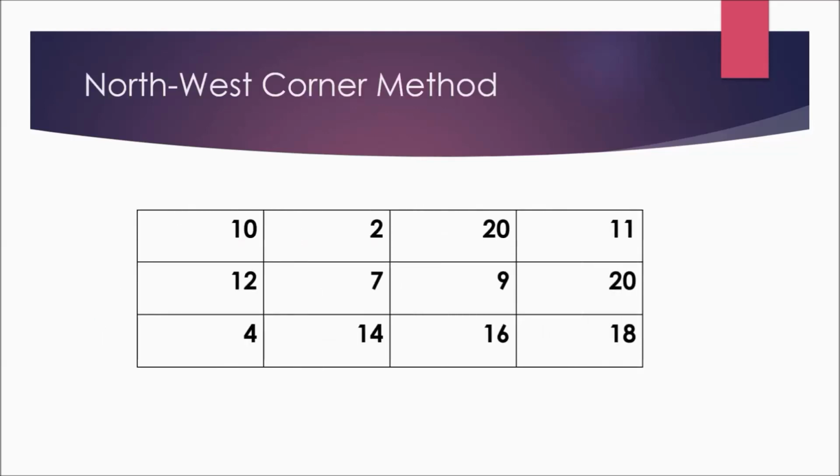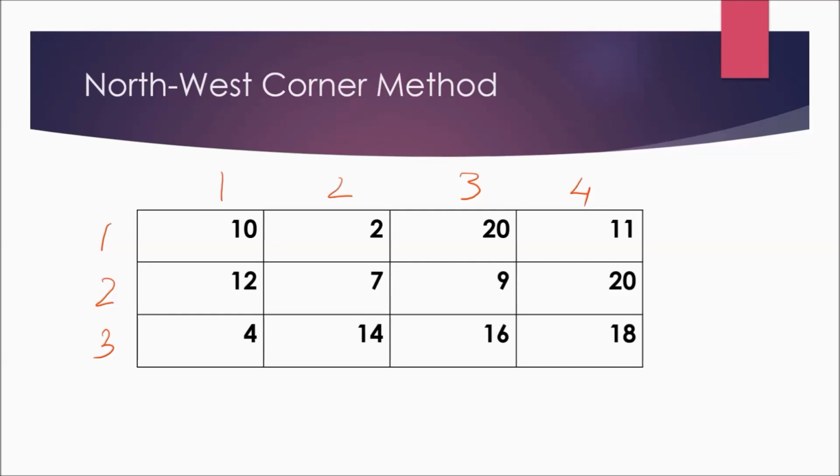In the northwest corner method, suppose this is the transportation table. The values in the cells represent the unit cost, and here we have 1, 2, 3 sources, and we have 4 destinations.